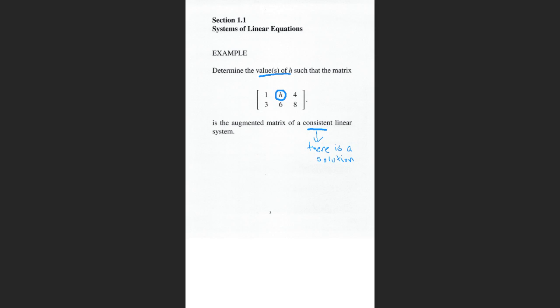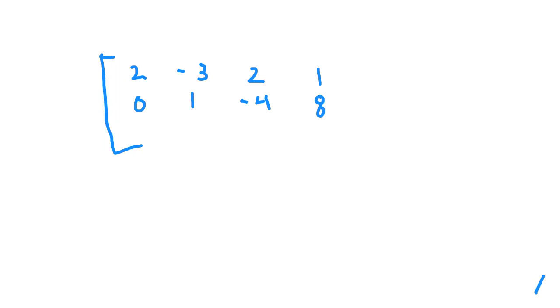Okay. So, for example, let me go to the whiteboard real quick. Let's say you had an augmented matrix like this: 2, -3, 2, and 1. 0, 1, -4, and 8.